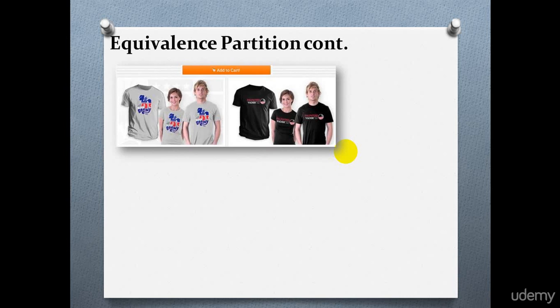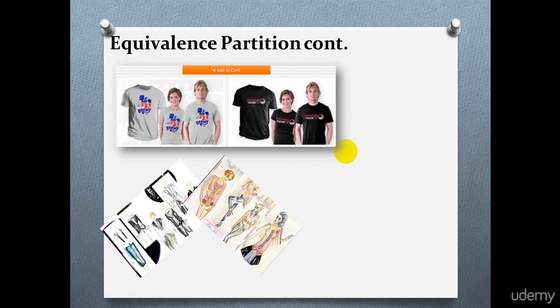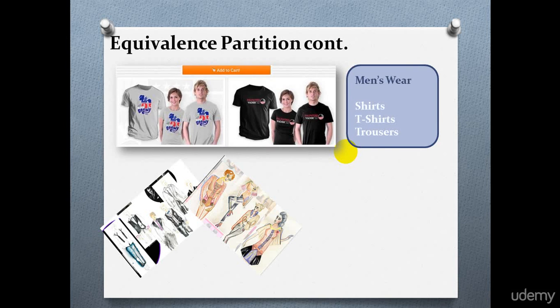To prepare test cases for the system, the simplest type of partition would be to begin with 2 partitions like menswear and womenswear. So this is a simple thing to start with. But the range of the clothes does not stop with these 2 classes. Menswear again further has partitions like shirts, t-shirts, trousers, and so on.